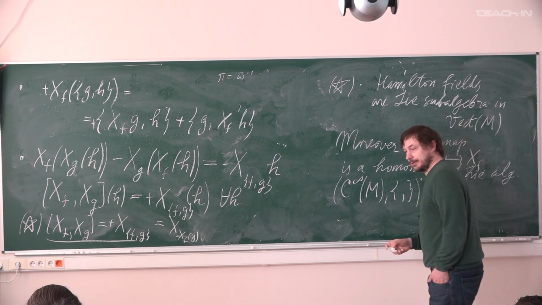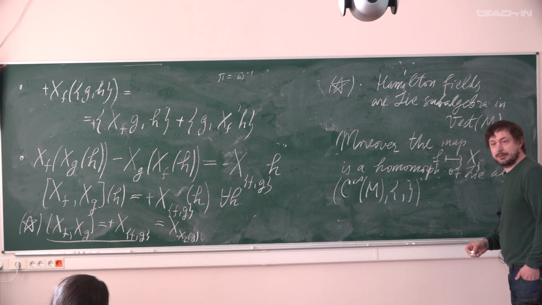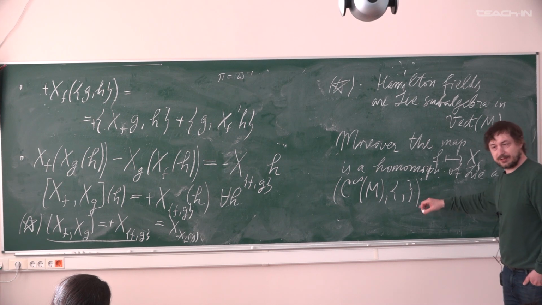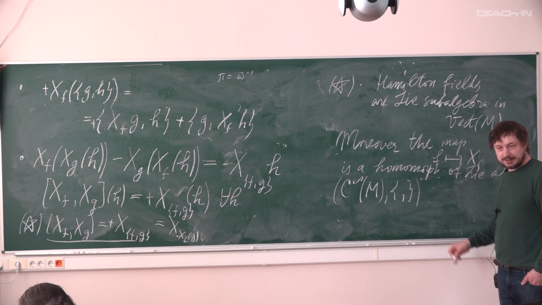Of course, the Poisson bracket gives you the structure of a Lie algebra. I hope you know what a Lie algebra is, right? It's infinite dimensional here, but still it is a Lie algebra.